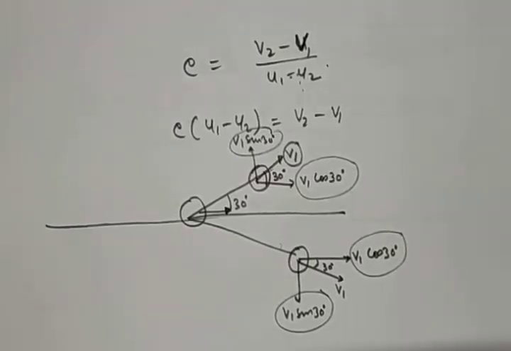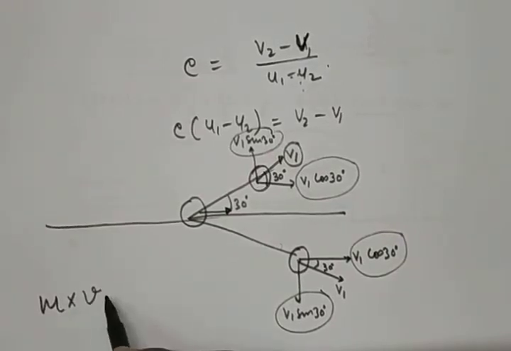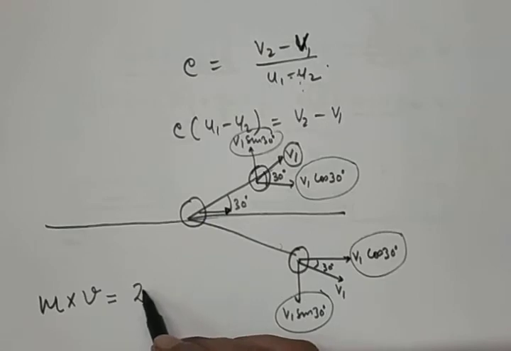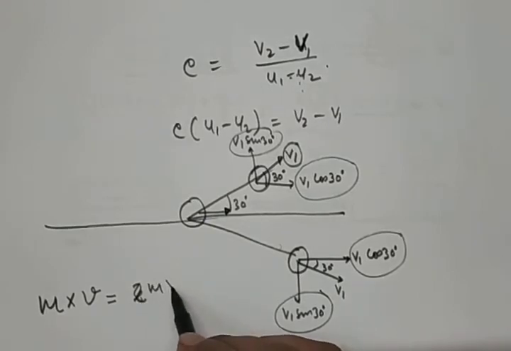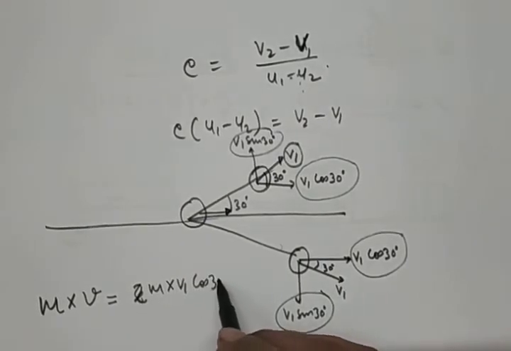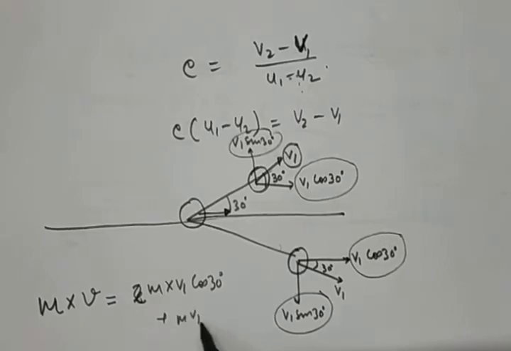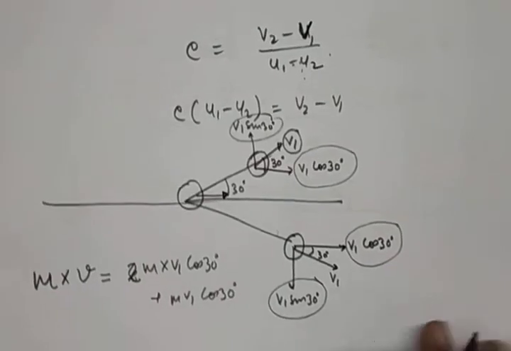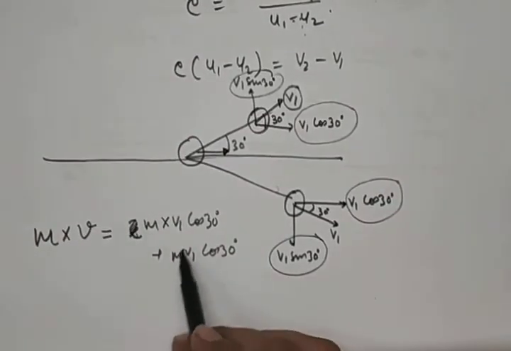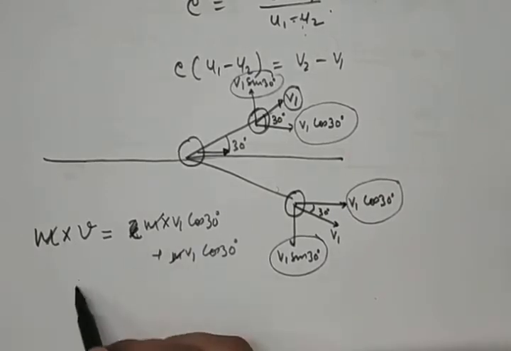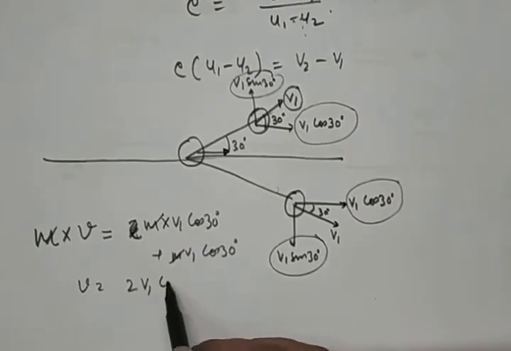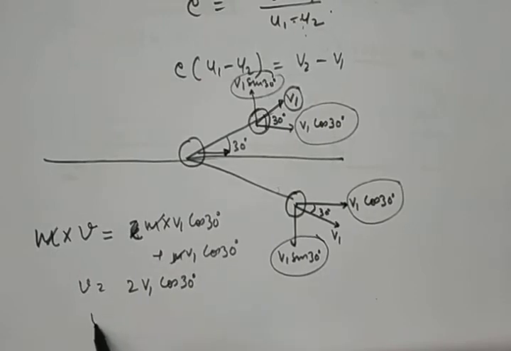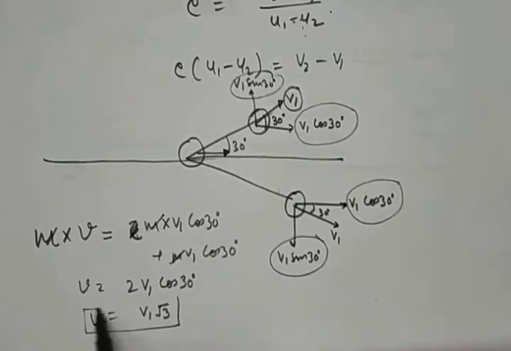So that is m v equals m v1 cos 30 plus m v1 cos 30 degrees. So m and m will cancel out. v equals 2 v1 cos 30 degrees, and v equals v1 root 3. This is equation number 1.